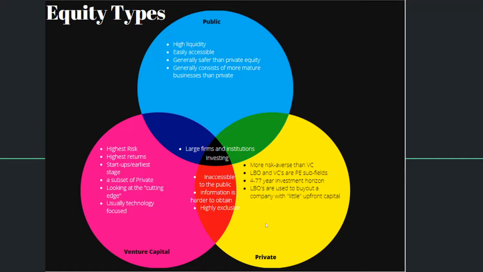And just because a company is a public firm or a private firm doesn't mean that they can't invest in any of the other ones. So you'll see a lot of cross-sectional investing amongst all firms. And I think that good firms invest in pretty much everything. There's not really any reason to not look into venture capital or private or public once you get to a certain size, because there's always going to be money moving throughout the entire system here.